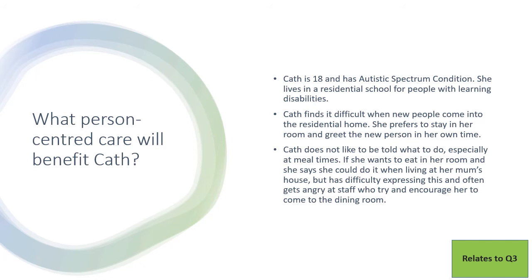She prefers to stay in her room and greet the new person in her own time. Kath does not like to be told what to do, especially at meal times. If she wants to eat in her room, and she says she could do it when living at her mum's house, but has difficulty expressing this and often gets angry at staff who try and encourage her to come to the dining room.